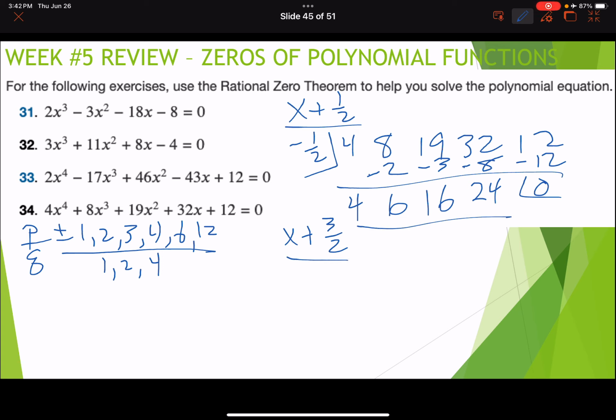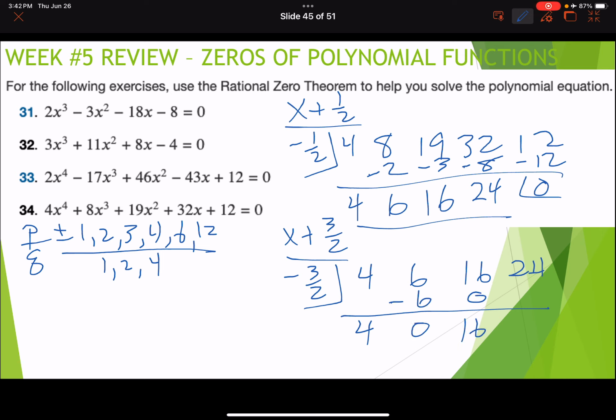So we put in negative 3 halves in the box, and we have 4, 6, 16, and 24, which means that we would have 4, and negative 3 halves times 4 is negative 6. So that's 0, 0, 16. That's 48 divided by 2, which is going to be negative 24, and 0. And so that means we're left with 4x squared plus 16 equals 0.